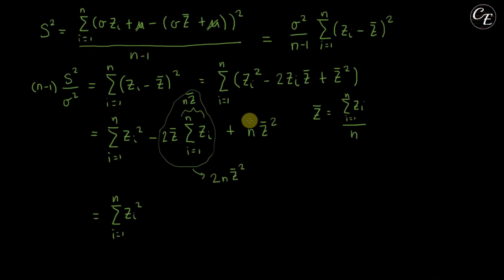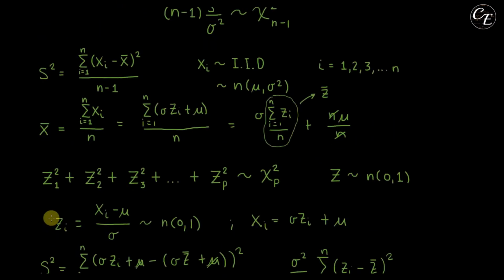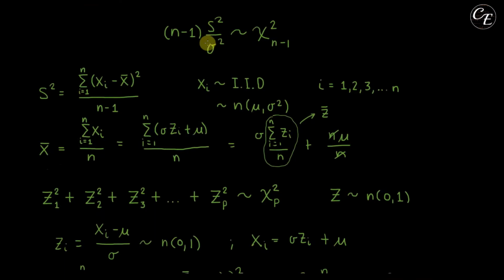We have a common term in here. So we have negative 2 plus 1, which is negative n z bar squared. So we have now a simpler formula, which is in terms of z sub i. Now if we compare this one with this one, they are the same.